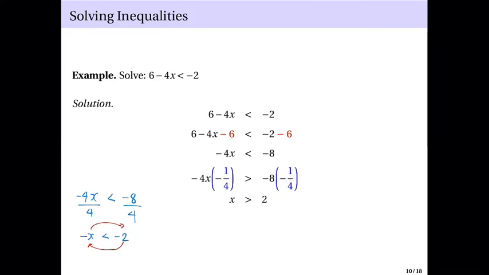So the negative x will go to the right-hand side and we'll just get positive x, and the inequality is retained. Then your negative 2 from this side, you move it to the left side, it becomes 2. So notice, we have 2 less than x.